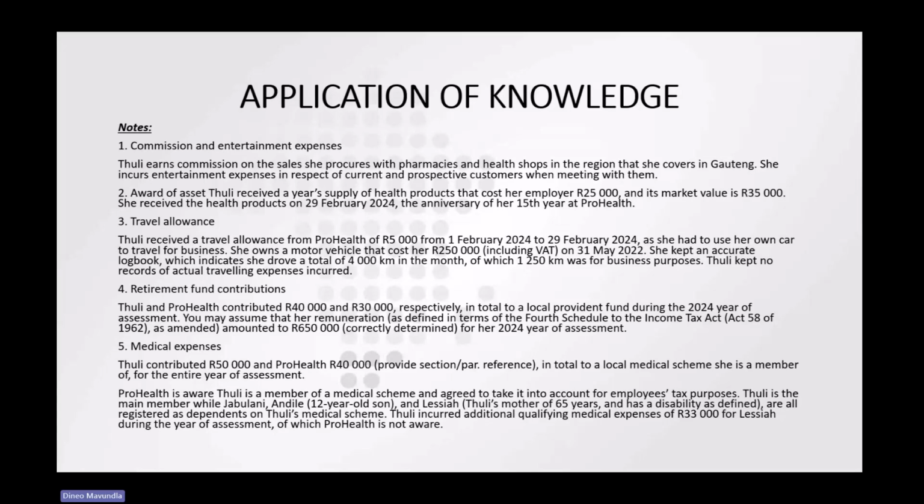Tuli is the main member, while Jabulani Andile, her son, Lesia, her mother of 65 years old, who has a disability as defined, are all registered as dependents on Tuli's medical scheme. Tuli incurred additional qualifying medical expenses of 33,000 rand for Lesia during the year of assessment, of which Pro Health is not aware.